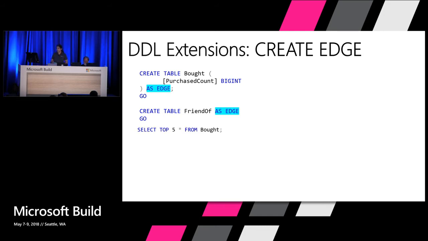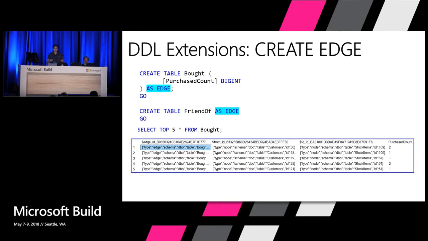But when you create an edge table, we create 3 implicit columns on that edge, along with the user-defined attributes that you have specified. And these columns are namely $edge_ID, which is the unique identifier for each edge in the database, $from_ID and $to_ID, which hold the node IDs for the nodes that a given edge is connecting.